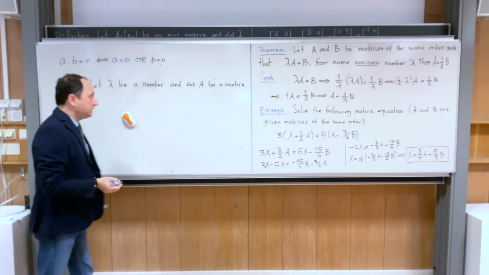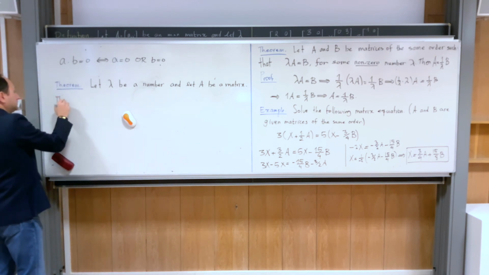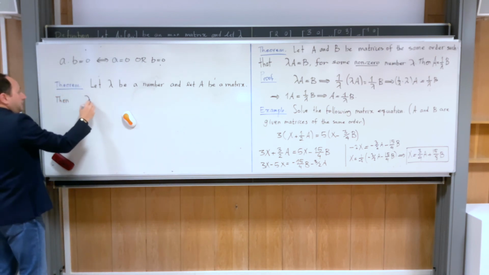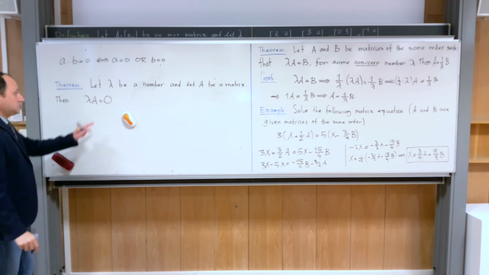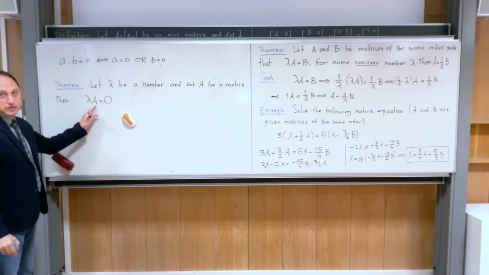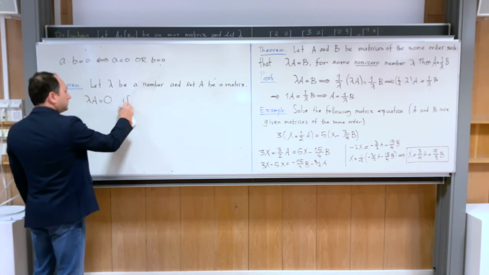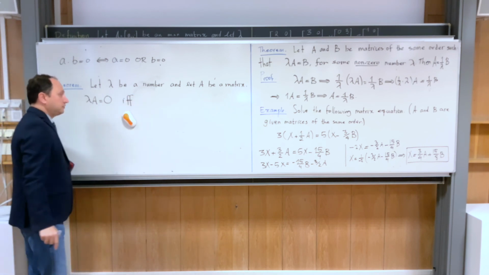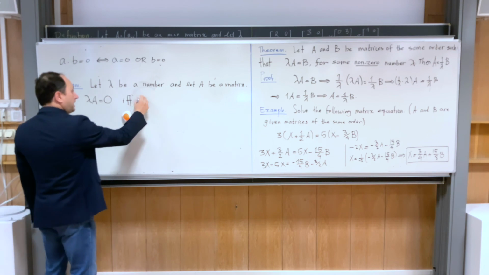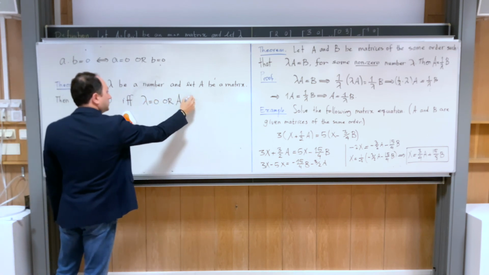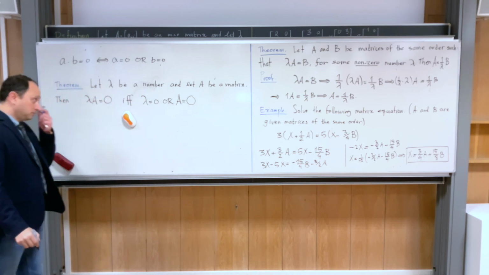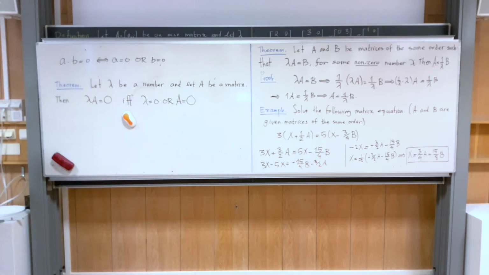Then lambda A is equal to the zero matrix, which is the zero matrix of the same order as A, if and only if, you remember IFF means if and only if, lambda is equal to 0 or A is equal to the 0 matrix. Okay?